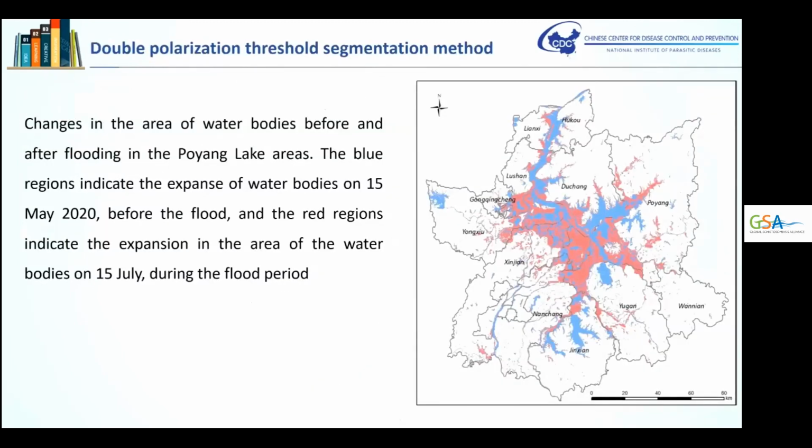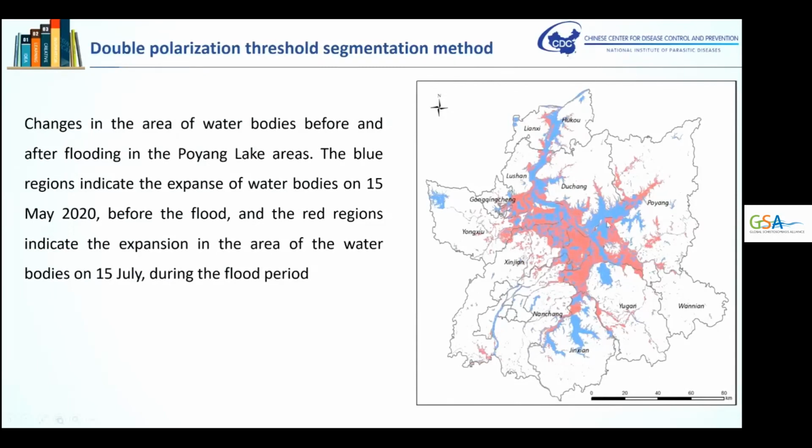So we used the dual polarization threshold segmentation method to extract the water body, and the figure shows the changes in the area of water bodies before and after flooding in the Poyang Lake areas.